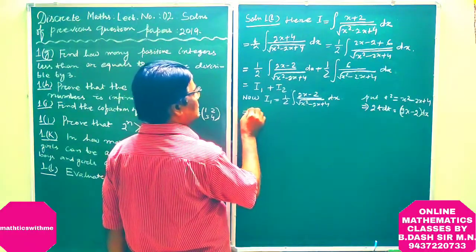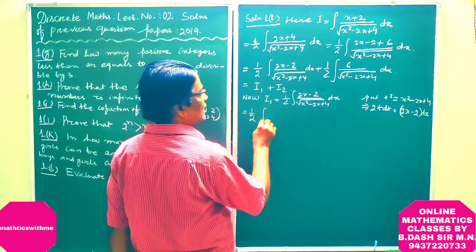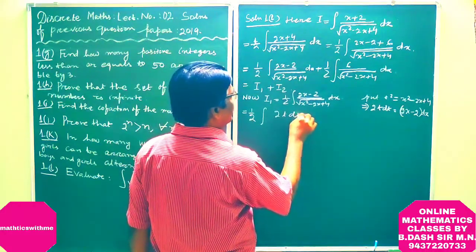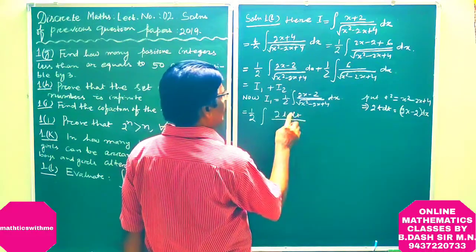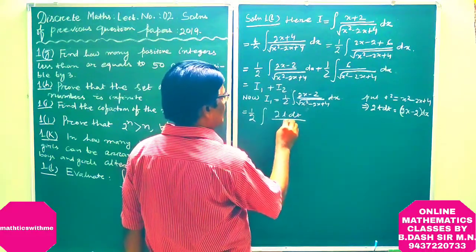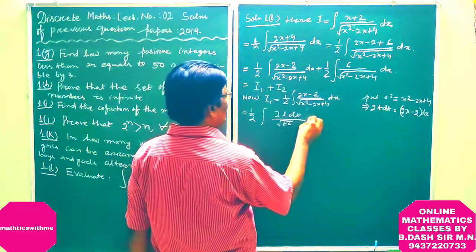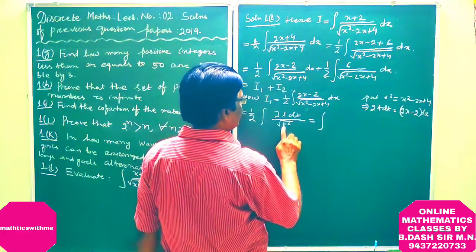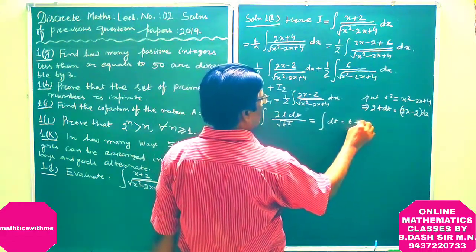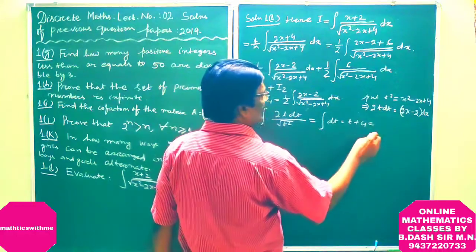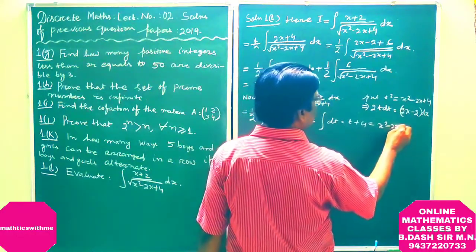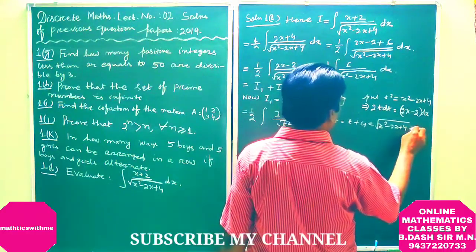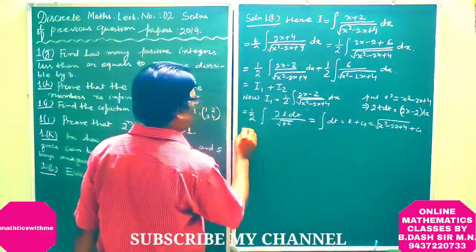So this equals 1 by 2, 2x minus 2 dx is 2t dt, divided by t. So 2 cancels. This is integration of dt, which is equal to t plus c1. This is root of x square minus 2x plus 4, plus c1.